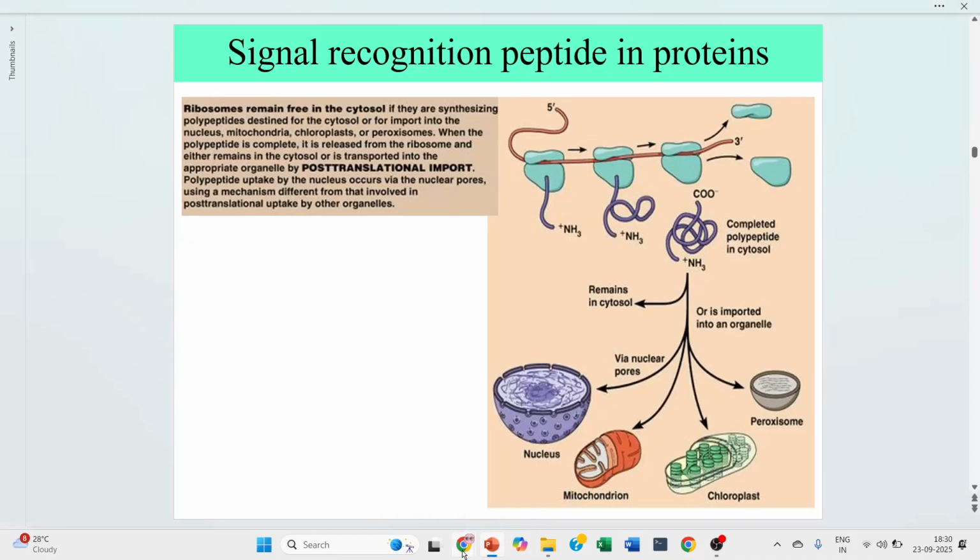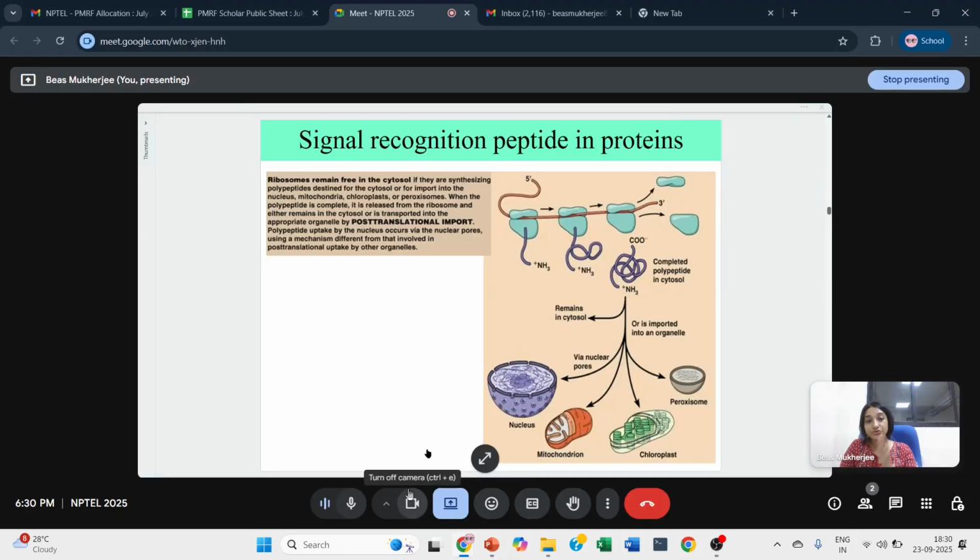Okay. Now, what happens in post-translational transport? Ribosomes remain free in the cytosol if they are synthesizing polypeptides destined for the cytosol or for import into the nucleus, mitochondria, chloroplast, or peroxisomes. When the polypeptide is complete, it is released from the ribosome and either remains in the cytosol or is transported into the appropriate organelle by post-translational import.